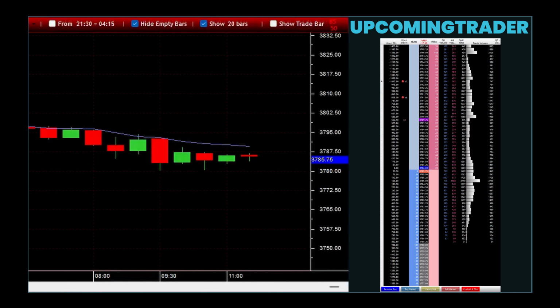Moreover, the context within which the stick sandwich pattern forms is significant. Its predictive power can be influenced by the prevailing market conditions and the pattern's location within the overall market trend. For instance, when it appears after a prolonged downtrend, the pattern might carry more weight in signaling a meaningful reversal.